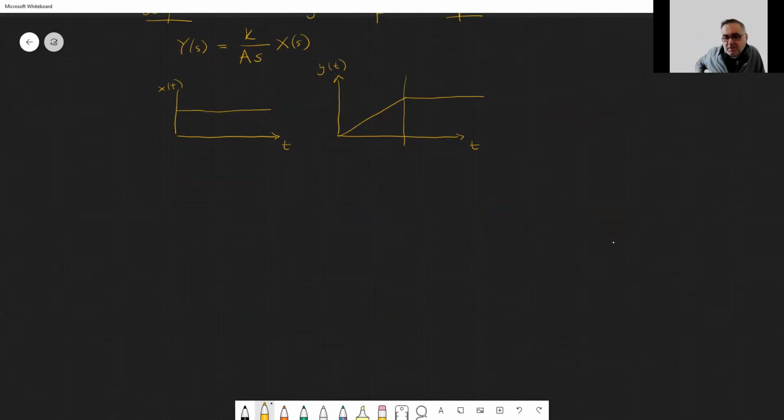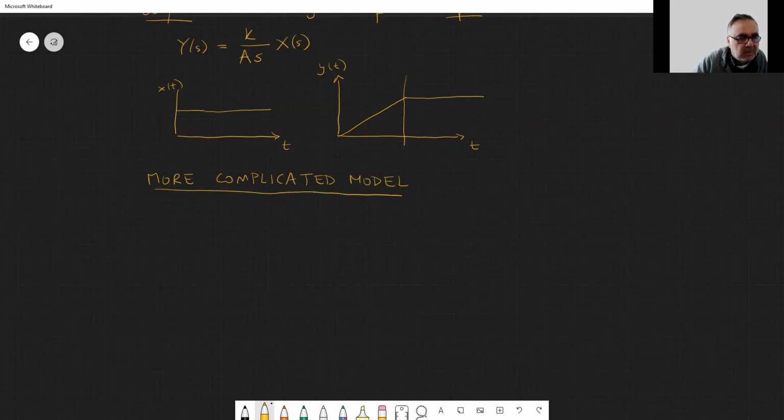Whether you connect a 1 kilogram load or a 1 ton load, it makes no difference to this model. So we have to consider the forces also. So let's make a more complicated model that takes into account the forces.